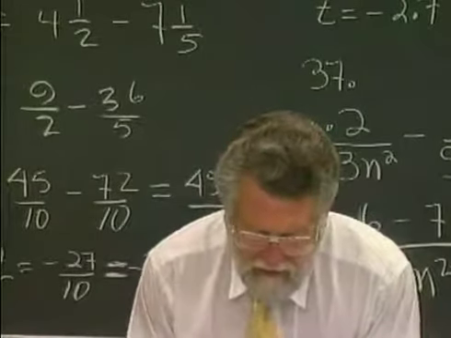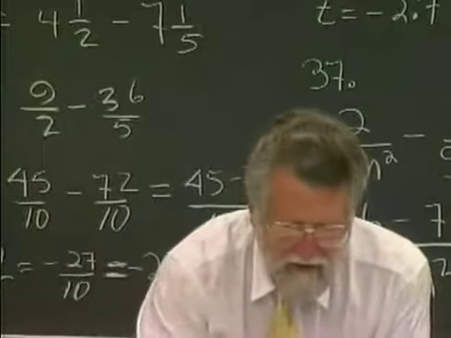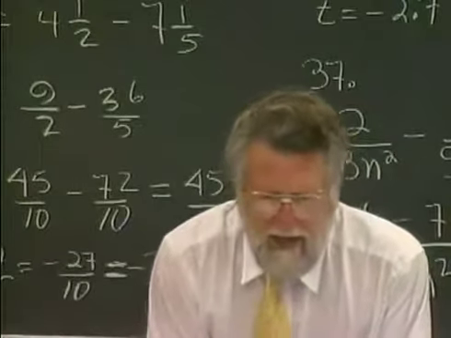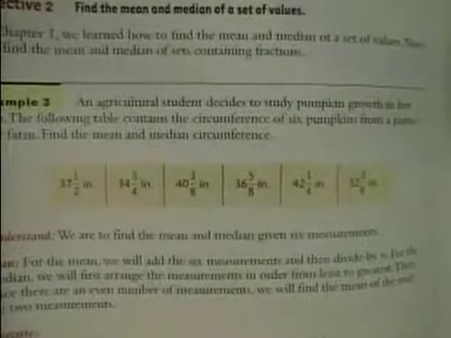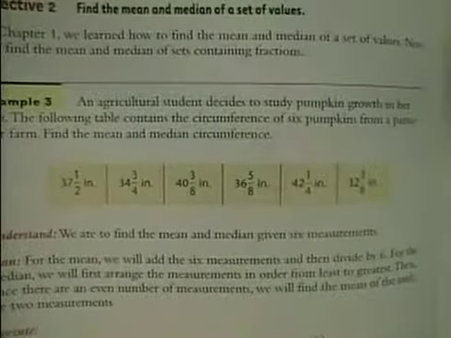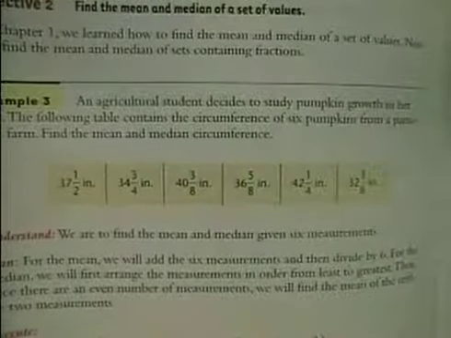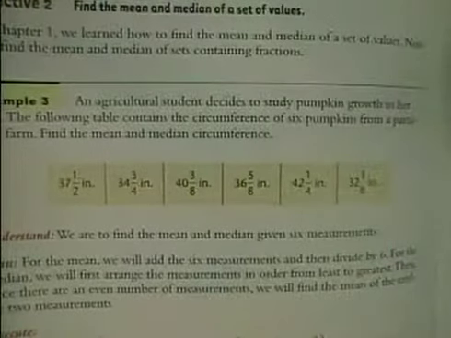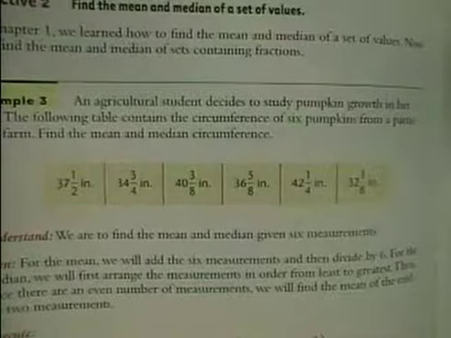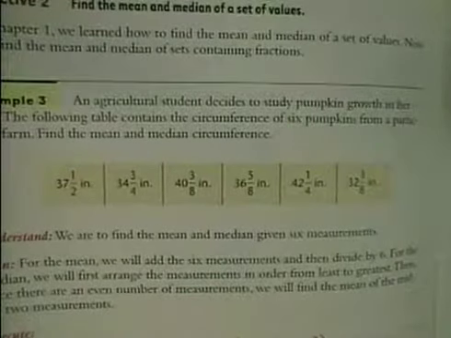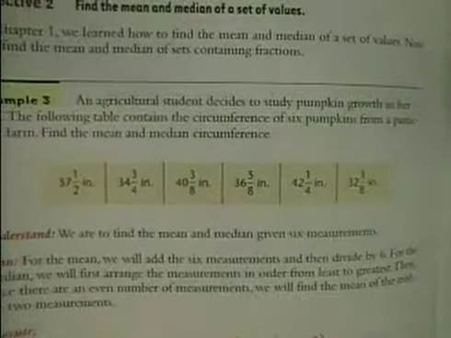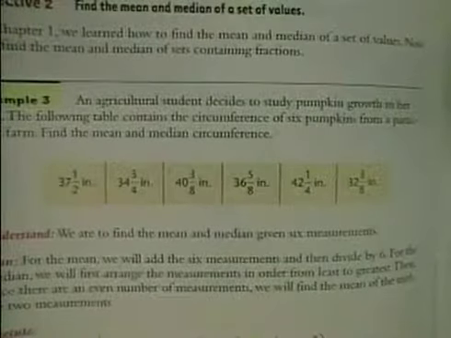Now, this ag student measured things with inches and then wanted to average it. 6 measurements. Now, my response to this student, had they come to me and said, okay, will you change everything to a decimal and then we'll talk. Instead, we're supposed to do what? Rearrange everything, and after it's rearranged, then find the median.